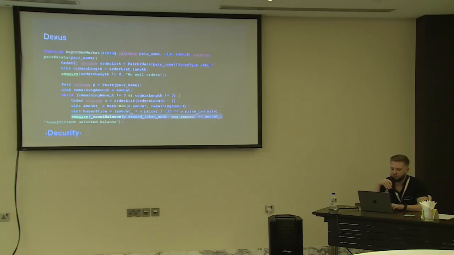So the next task is about a decentralized exchange. It's an exchange which operates an order book, unlike Uniswap, which uses an AMM approach. This is an implementation of an order book decentralized exchange.